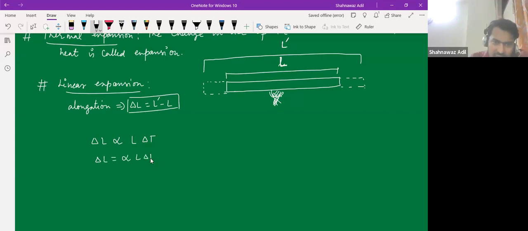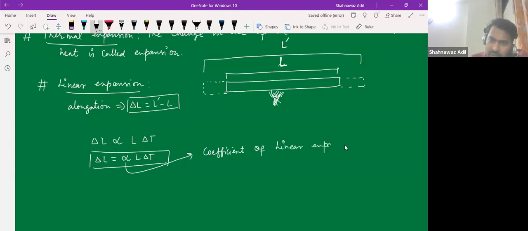So delta L equals alpha L delta T. Alpha here is called the coefficient of linear expansion.